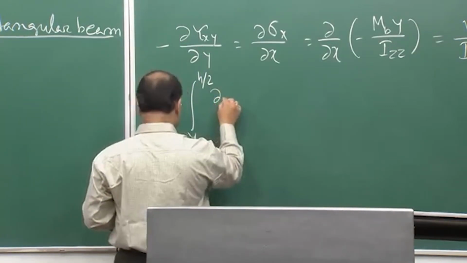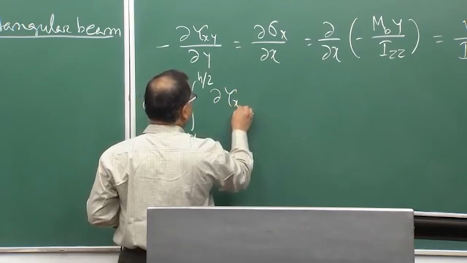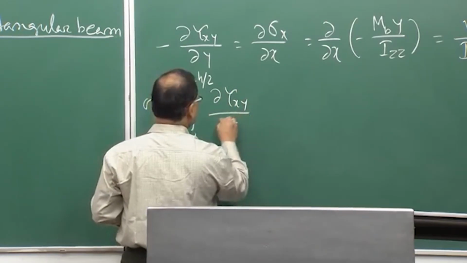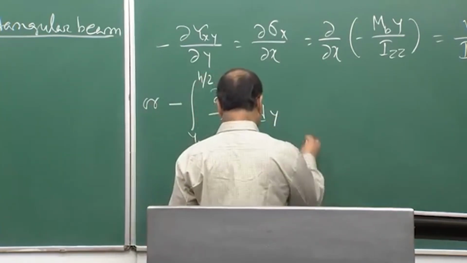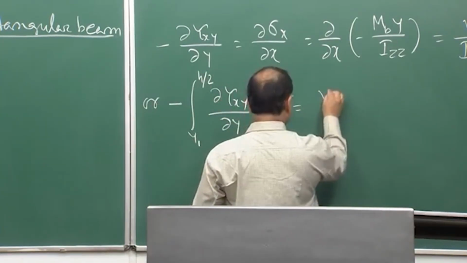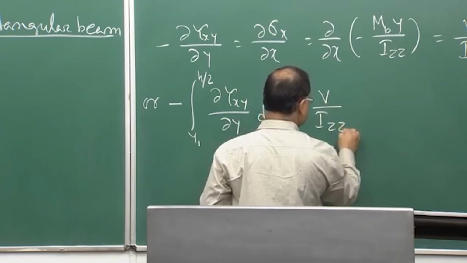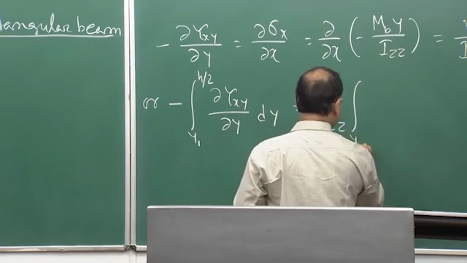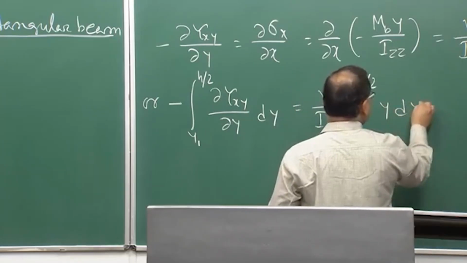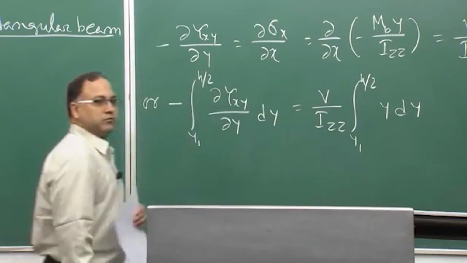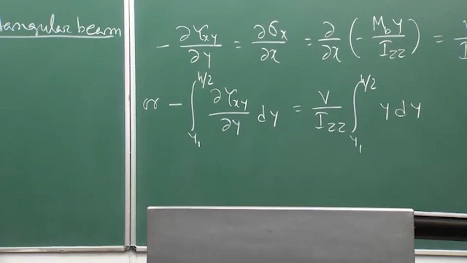So, the integral of del tau xy by del y dy is equal to V by I_zz, integral from y1 to h by 2 of y dy. I can write that, there is no issue.